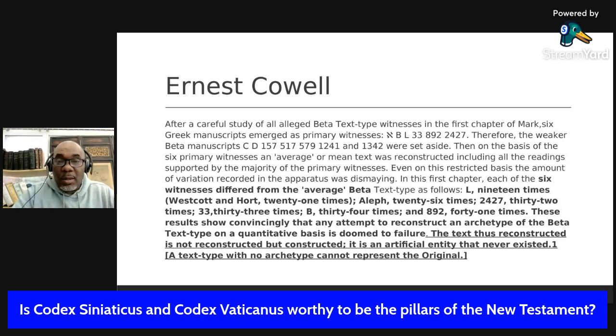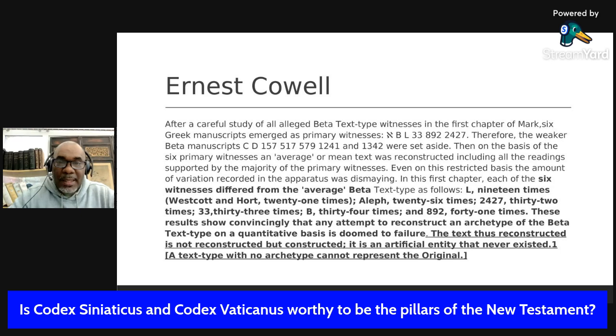Now you find a lot of these minuscules are what they set aside. Your Metzgers and your Alands would use these to support particular readings. Therefore, the weaker beta ones were set aside. On the basis of 6 primary witnesses, an average or mean text was reconstructed. So basically, he would take these 6 manuscripts, and say for example, if 4 manuscripts supported one variant, that would make up that mean text's particular reading.